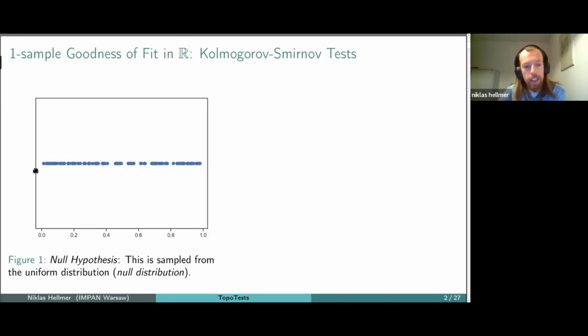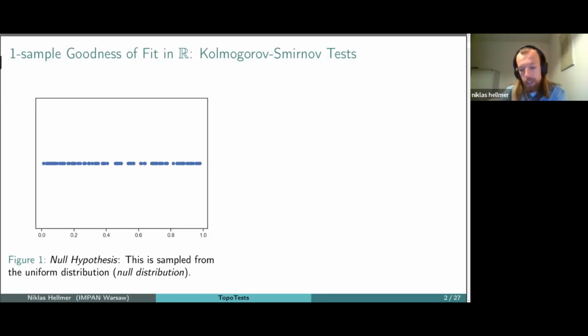In this case, I have sampled 100 points in the unit interval. You might think that it comes from a uniform distribution, so you would formulate this as the null hypothesis: the sample is coming from the uniform distribution, which in this case is called the null distribution.